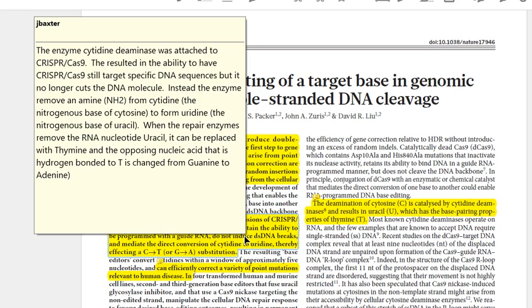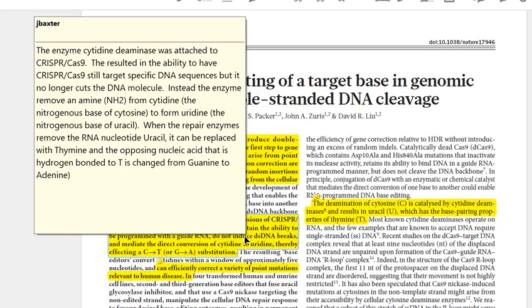Now, cytidine is the nitrogenous base of cytosine. So that's the cytosine nucleic acid that we all know. So that's where the enzyme cytidine deaminase means it's going to remove the NH2 from cytosine.